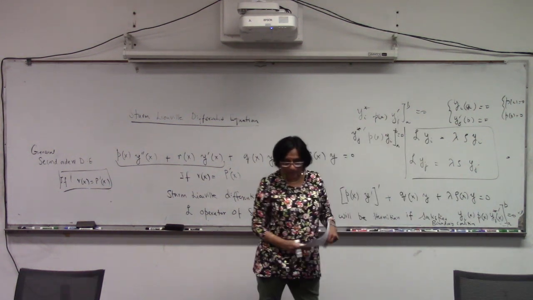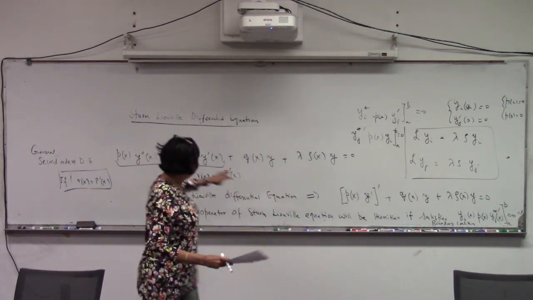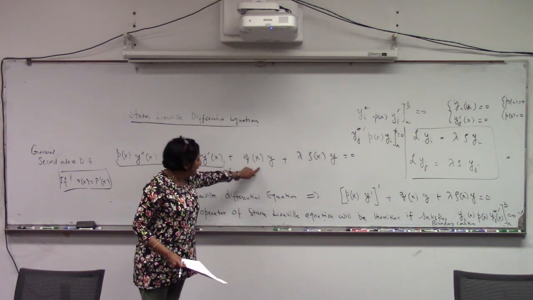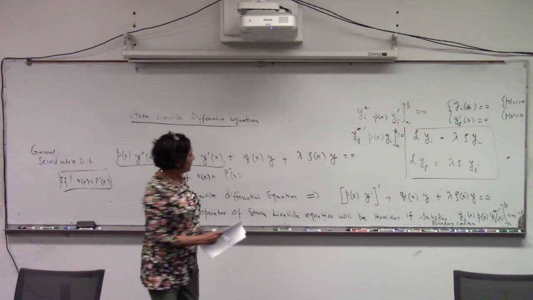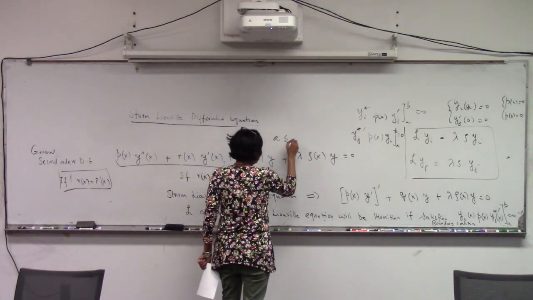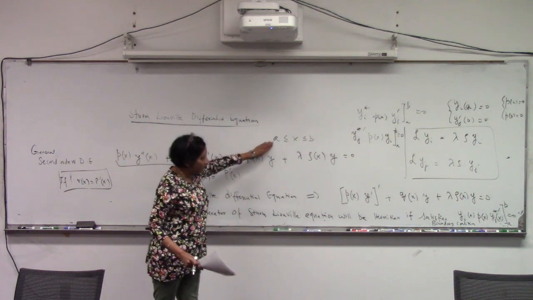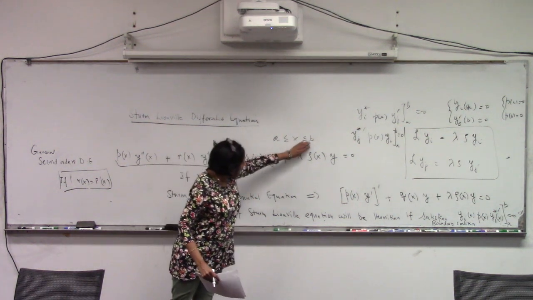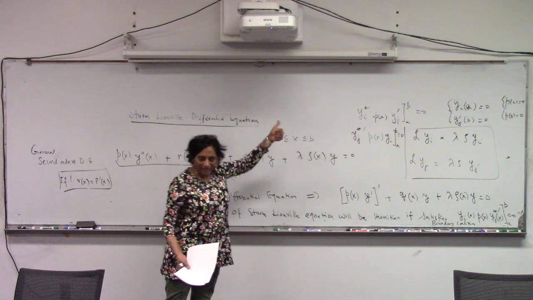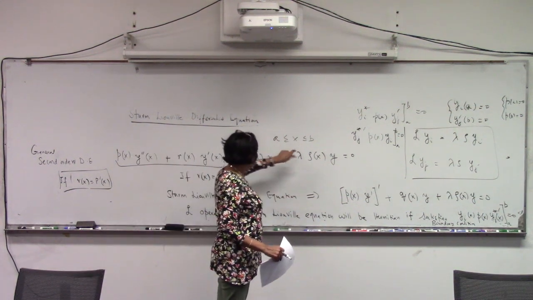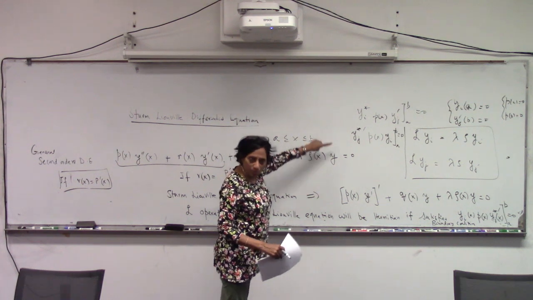It looks complicated, but you're just solving this differential equation subject to certain boundary conditions, with y the solution, in some domain. So the solution at x equal to a should be 0. The solution at b could be 0, that's one type of boundary condition, or you can have the solution at x equal to a be 0, but the first derivative at x equal to b is 0.